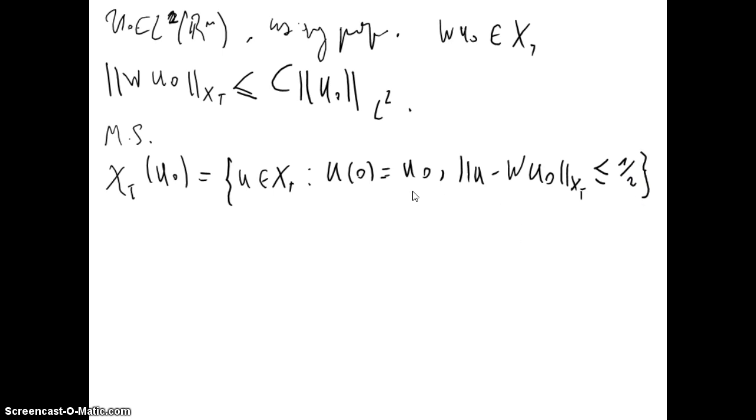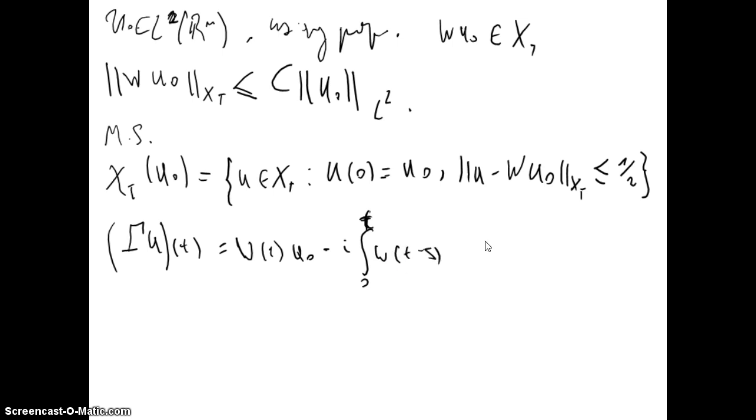Okay, so let's see that the application Gamma defined by Gamma(u)(t) is equal to W(t)u naught minus i times the integral from 0 to t of W(t minus s) b(u(s)) ds, is a contraction of X_t(u naught).